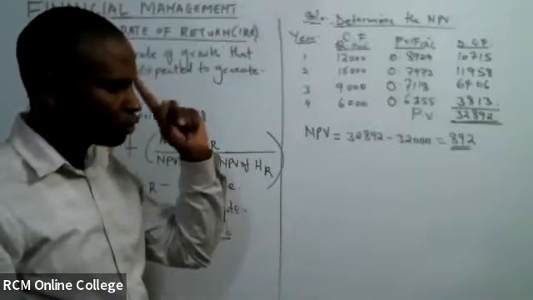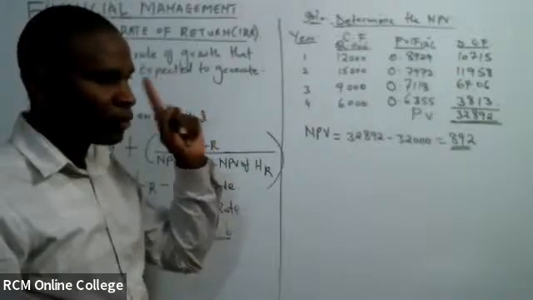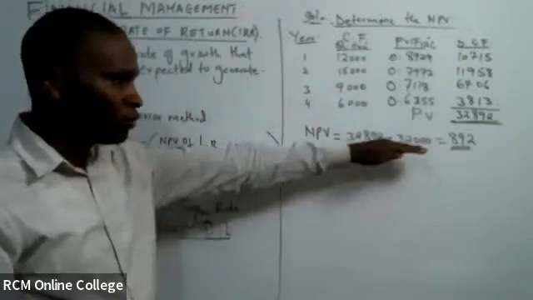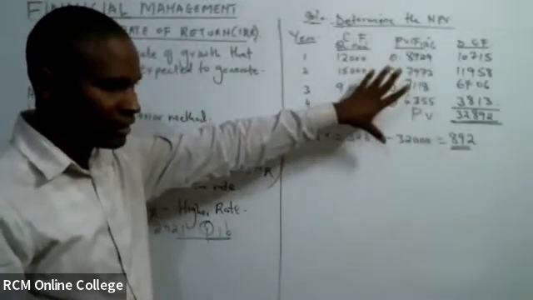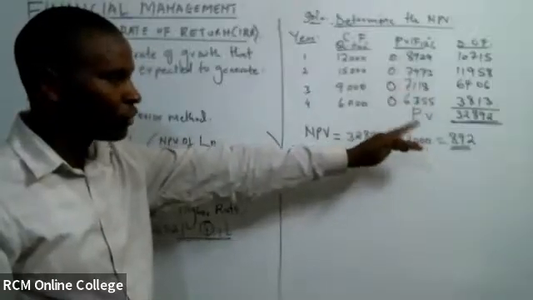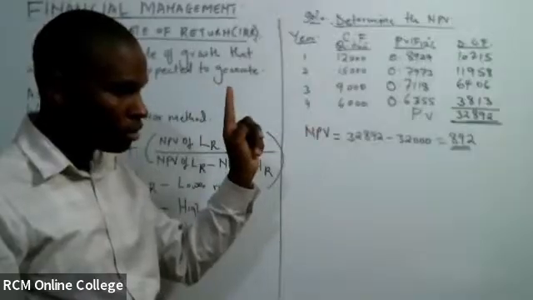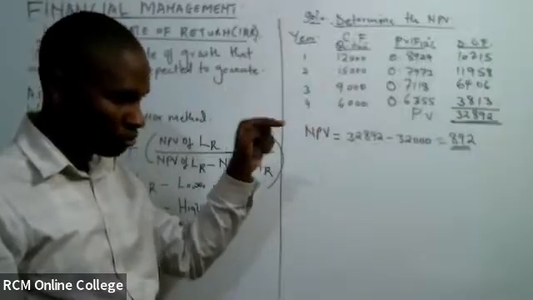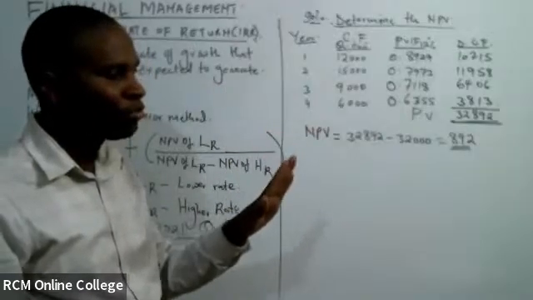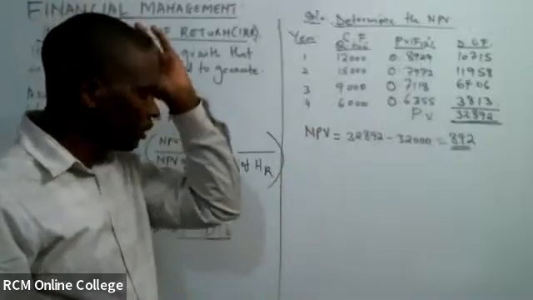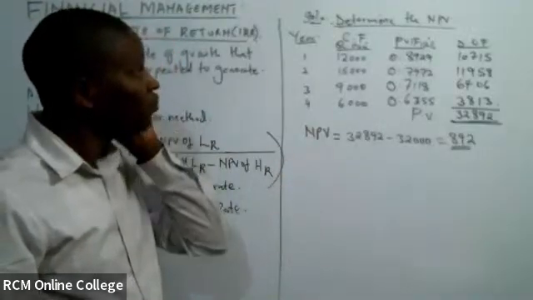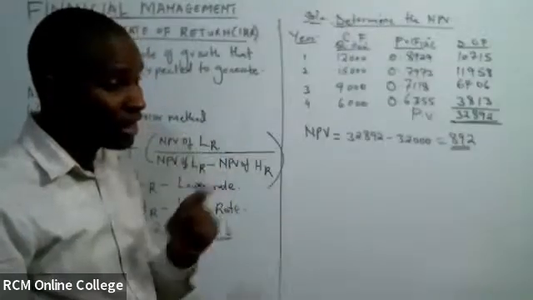We increase the cost of capital. Exactly. If you compute in the first juncture and get a positive, you increase the cost of capital. Kama tungepata negative hapo, tungefanya nini cost of capital? Chini. Jua tu hivyo. So in our case here, we want to get either a negative or zero NPV.